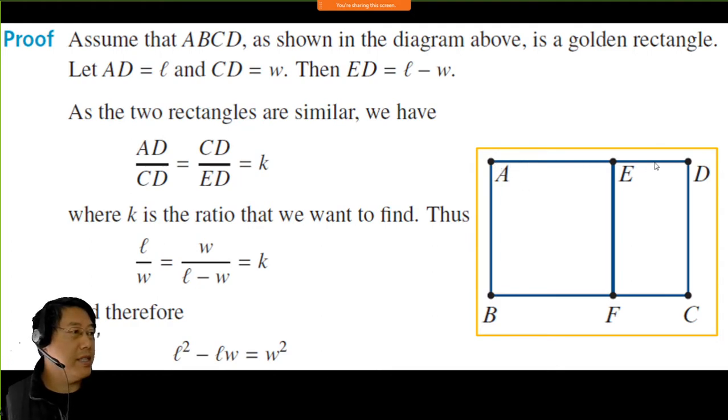If AD is the length and that's your width, ABFE is a square. So what it means is AE is also equal to the width. So if you subtract the width from the length, that gives you the length ED.